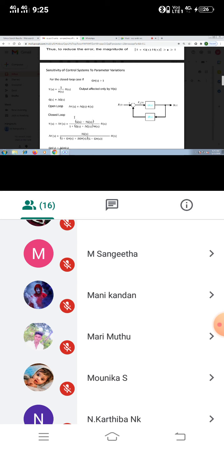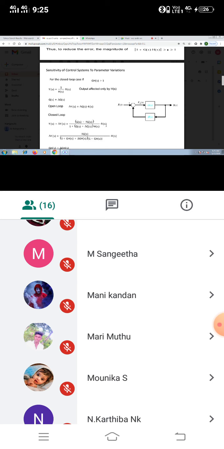Then the closed loop transfer function is Y of S plus del Y of S equal to G of S plus del G of S by 1 plus G of S plus del G of S into H of S, with the feedback system H of S and input R of S.